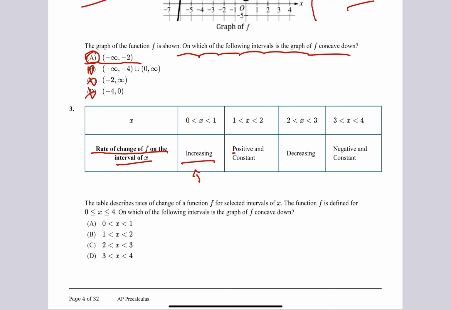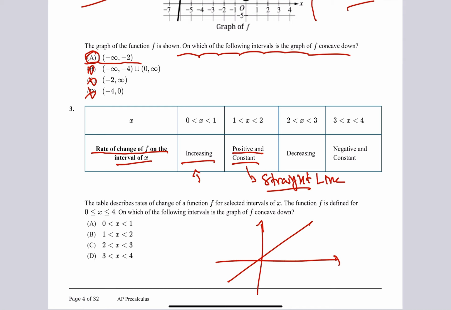When they mention the words positive and constant, the word constant means a straight line. You're dealing with a straight line. That's the first thing that should come to your mind. The word positive means that the slope is positive. Negative and constant, straight line.